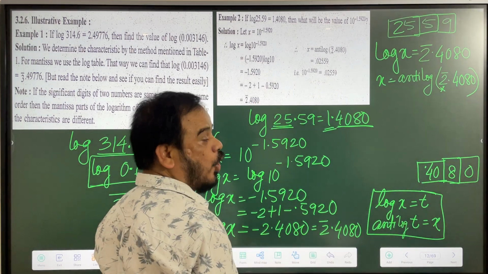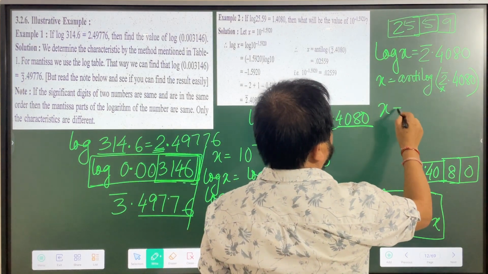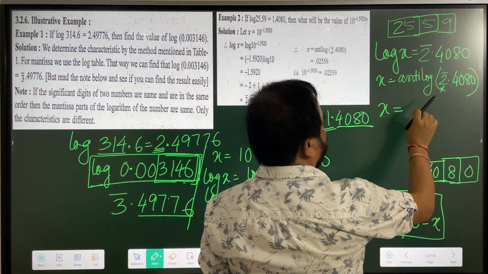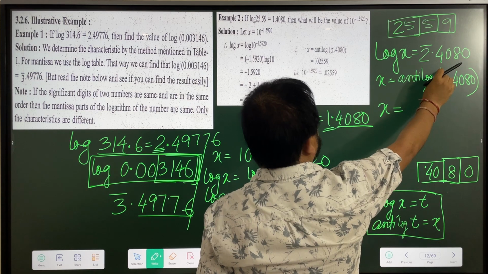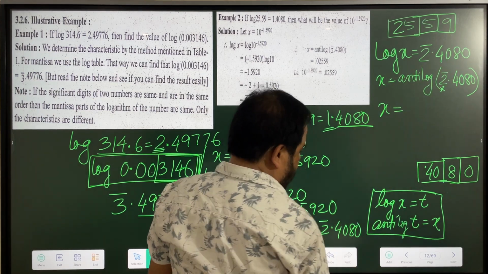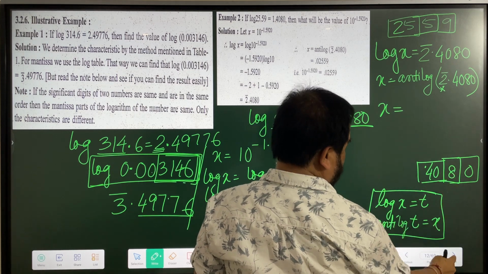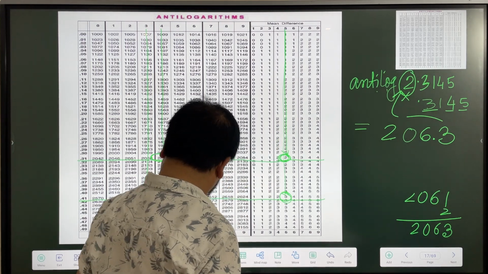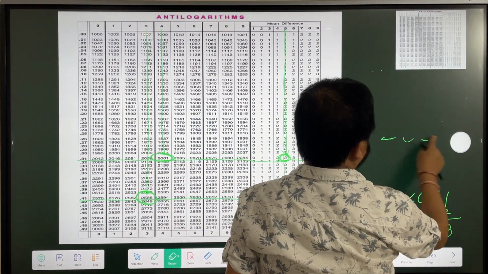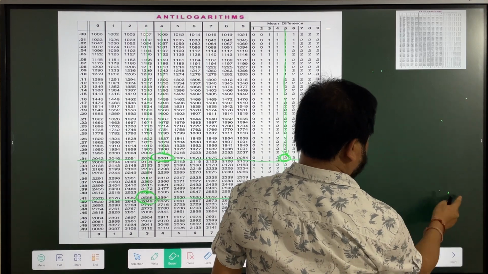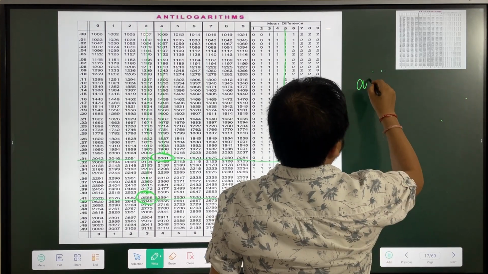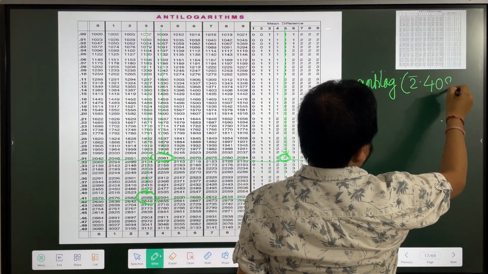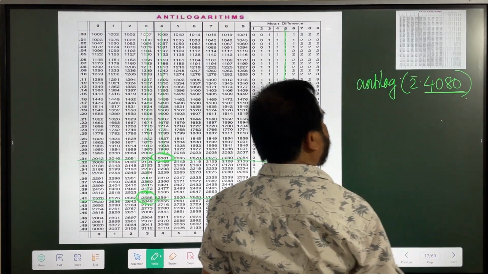So we will go to the anti-log table now. Whatever number we get, where we put the decimal is related to the negative 2, that means 2 bar. Now we find anti-log of 0.4080.